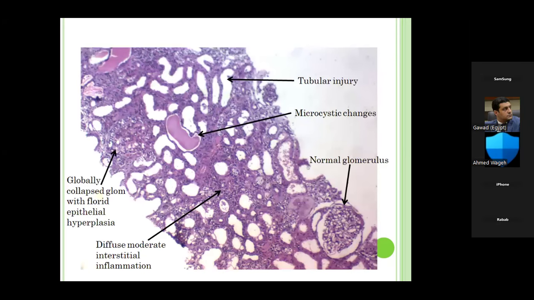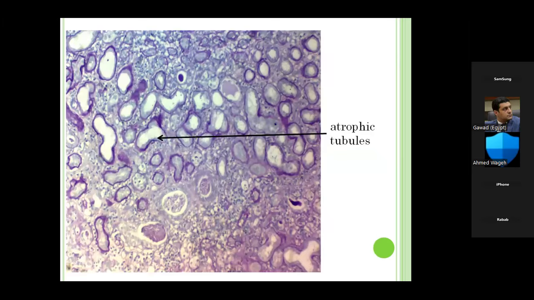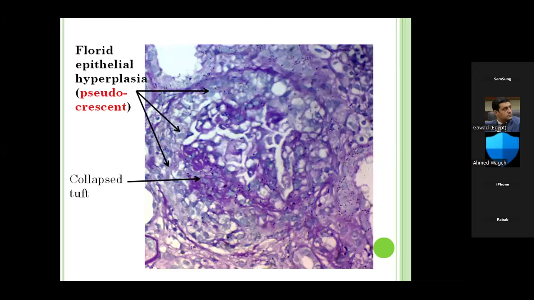So this is a tubular injury with microcystic changes. One glomerulus normal and another one was globally collapsed with florid epithelial hyperplasia. That's an atrophic tubule, higher power for what we have seen previously.